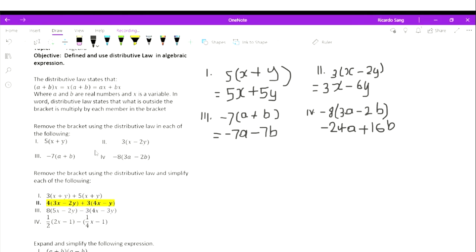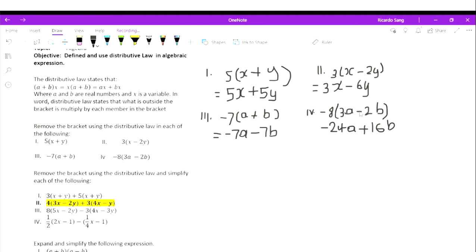So now when what is outside the bracket is negative, the sign between the two numbers inside the bracket is going to change, right? If it was a positive there, it's going to become negative. And if it's a negative there, it's going to become positive, as is shown here.